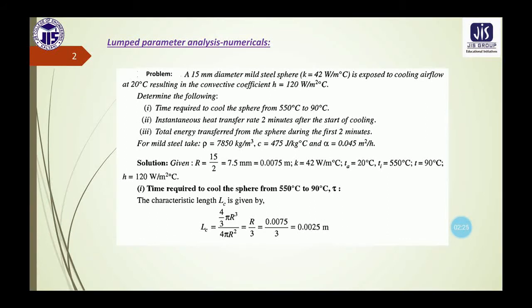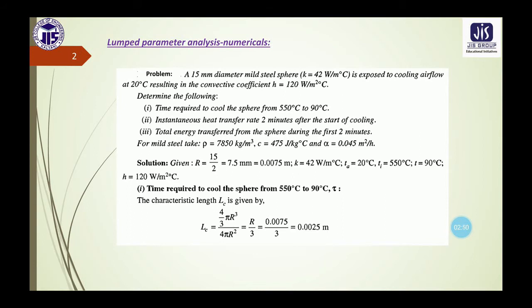First we need to find the time required to cool the sphere from 550 degrees centigrade to 90 degrees centigrade. How to do that? For that we need to apply the formula of the lumped parameter analysis, but before that we need to first check the value of the Biot number.